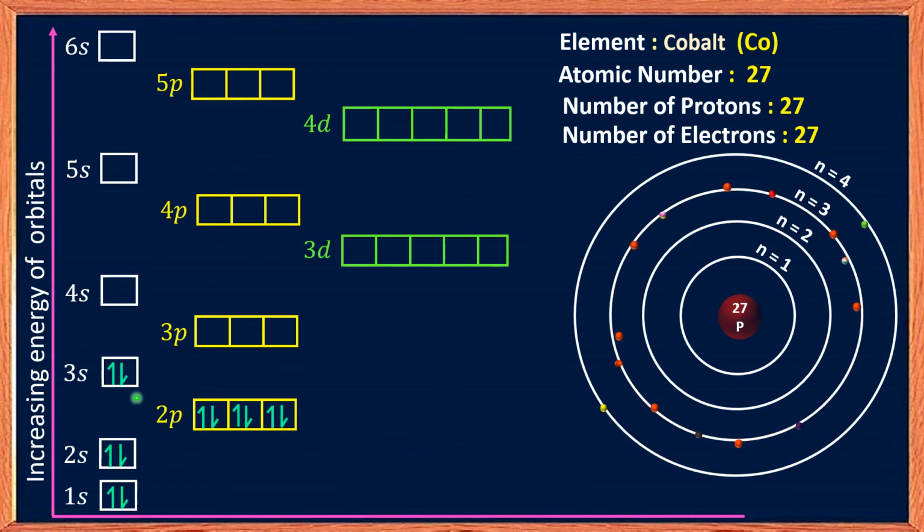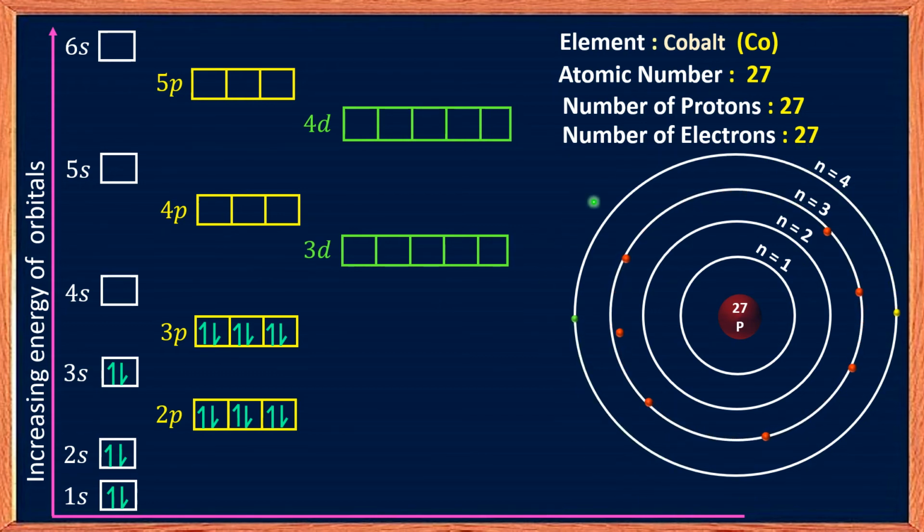So once 3s orbital is completely filled, then they enter into 3p orbitals. So totally 18 electrons have been filled, okay, so far.